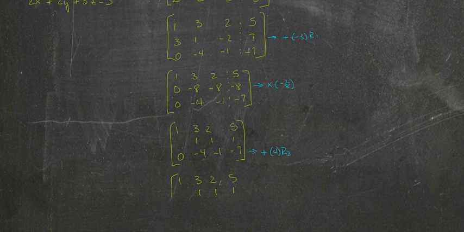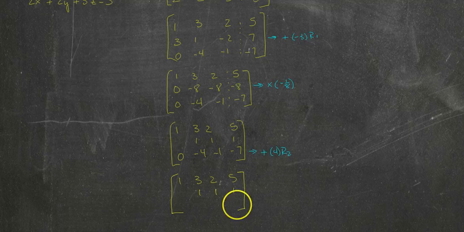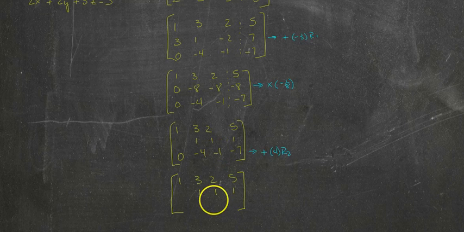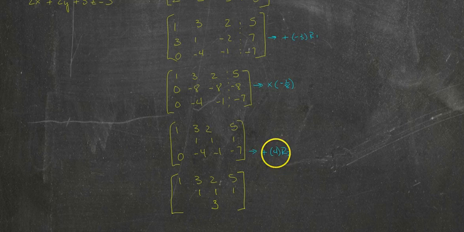Now I'm going to change my third row. So let's do it. 1 times 4 is 4, minus 4 is 0. 1 times 4 is 4 minus 1 is 3. 1 times 4 is 4 minus 7 is -3.